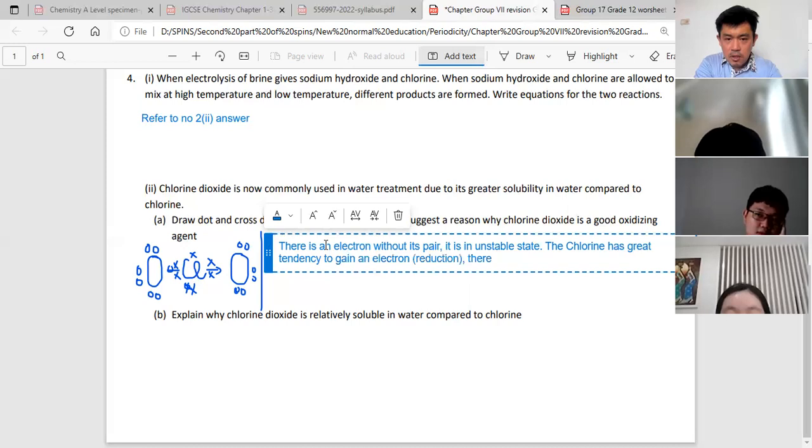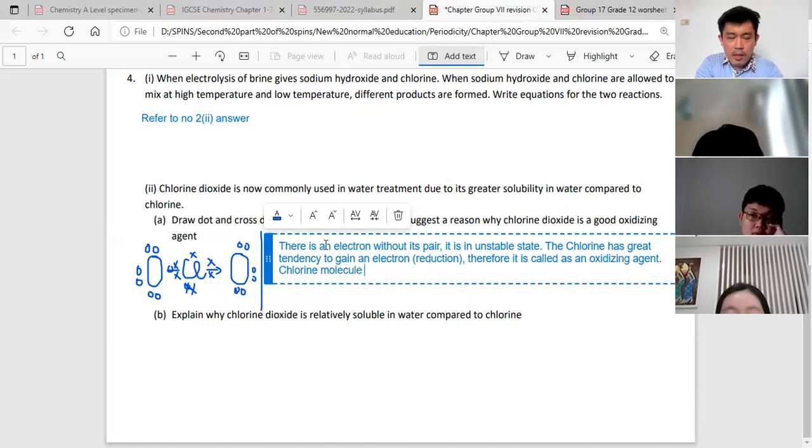Therefore, it is called an oxidizing agent. Okay, a chlorine molecule has a complete outermost shell of electrons. It is considered to be stable.